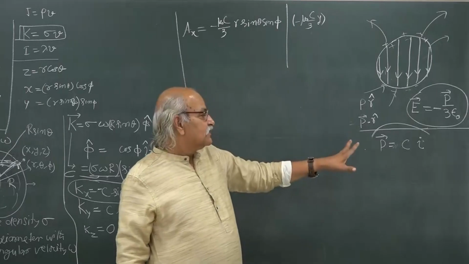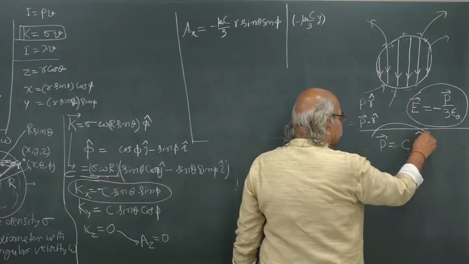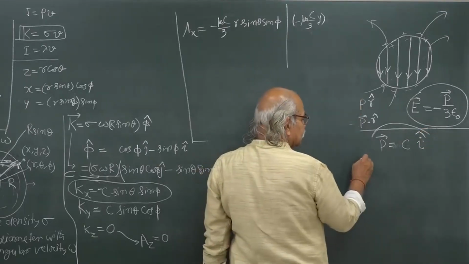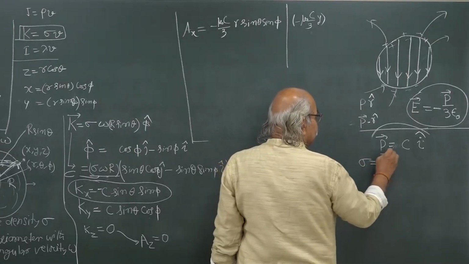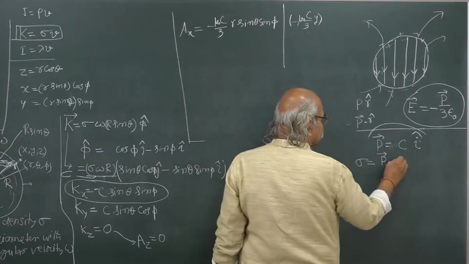If we take this P in the i cap direction, c i cap, we have a dielectric sphere with uniform polarization c i cap, then the surface charge density that will appear on the surface is given by P dot r cap.